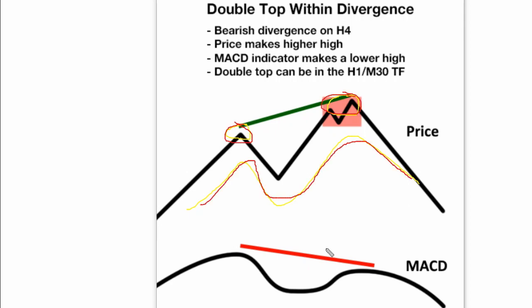On the MACD, the highs of both peaks are not equal, and the second high is less than the previous high, so the trend line is going down. So what this scenario says is that this is a divergence between price and the MACD indicator.